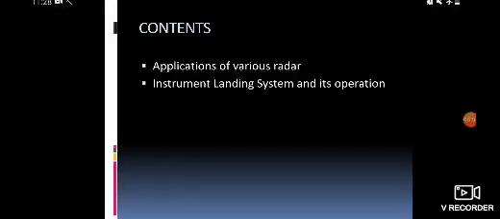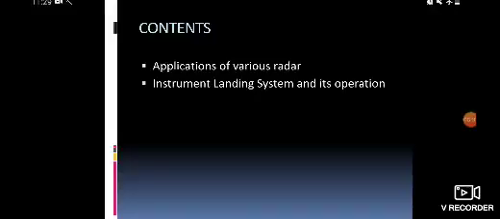The moving target maintains some frequency difference, which is called the Doppler effect, and this can be overcome within this MTI. Okay, this MTI radar also has a drawback. That means if there are many targets in our atmosphere, if we are observing a number of targets, we can't get a clear picture of the target, so we can't identify whether it is a particular stationary or moving target. That is the main drawback of the MTI.